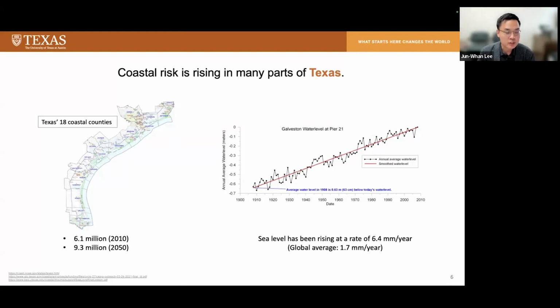According to the survey, 24.5% of the Texas population already live near the coastal zone. And historical records show that the sea level rise at Galveston, Texas is increasing at a much faster rate than the global average.